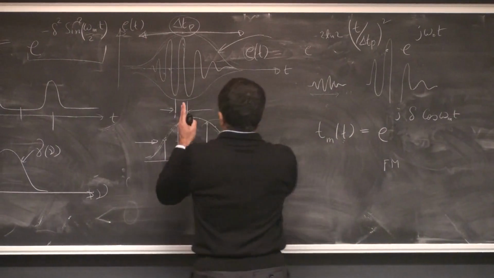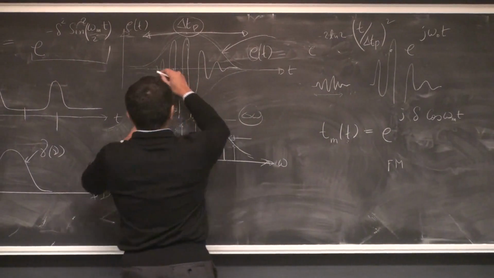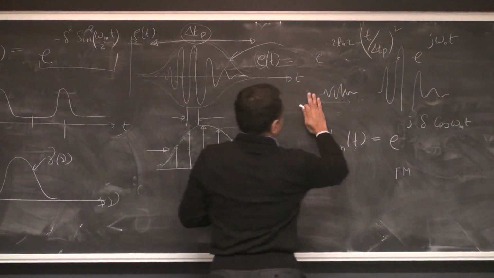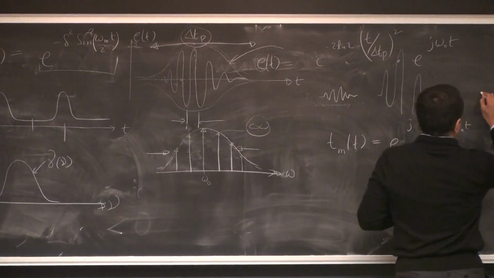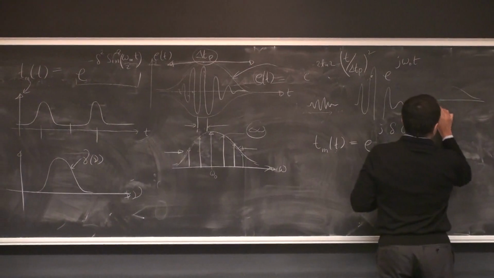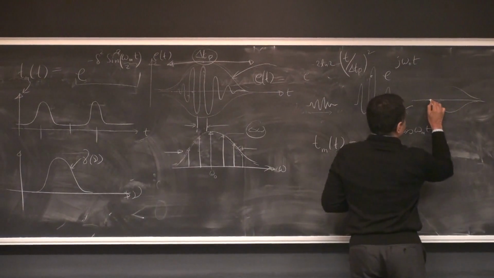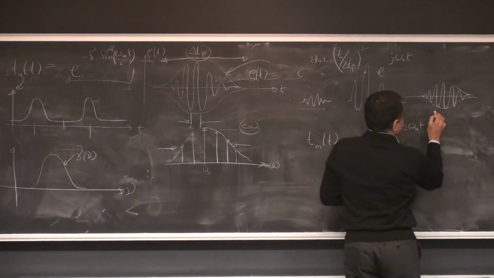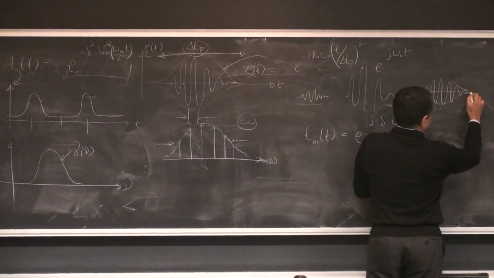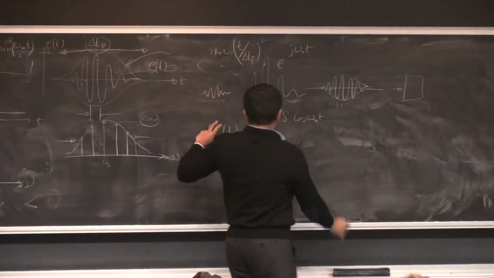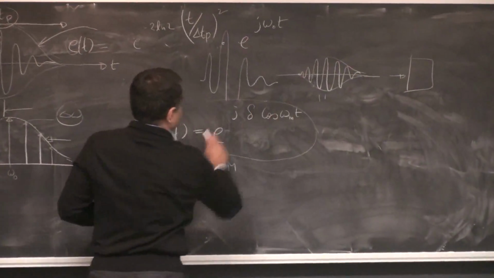Let me sketch it here. Let's say this is the pulse going in. You have the same frequency throughout in the time domain here. But if you take it through the modulator with a transmission coefficient like that.